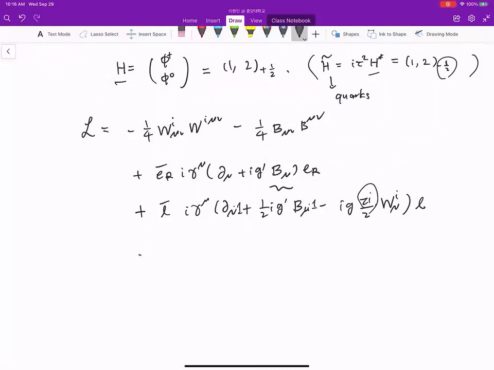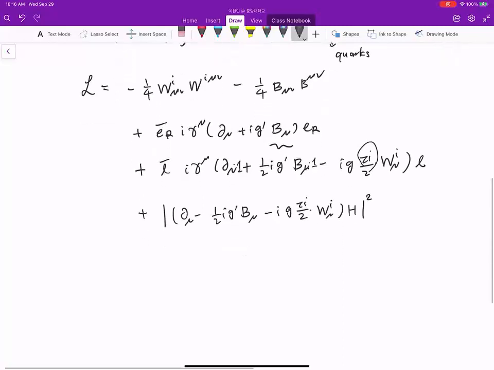And the Higgs kinetic term also, this one.